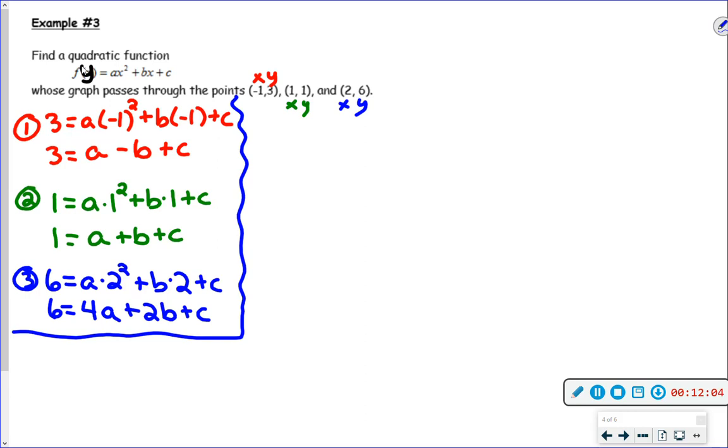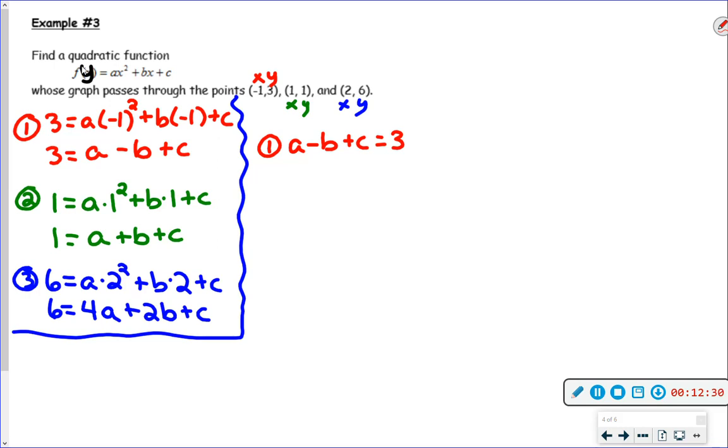So as always, I'm scanning through the variables. A, 4a, negative b, b, 2b, that's not bad, c, c, and c. Probably getting rid of c's would be the easiest because it would just involve switching some signs. So I'm going to choose to get rid of c's. So I'm going to start with my first equation. Like the last problem, I'm going to flip-flop it. I'm going to put the variables on the left, the number on the right, because that's how we're used to seeing it.